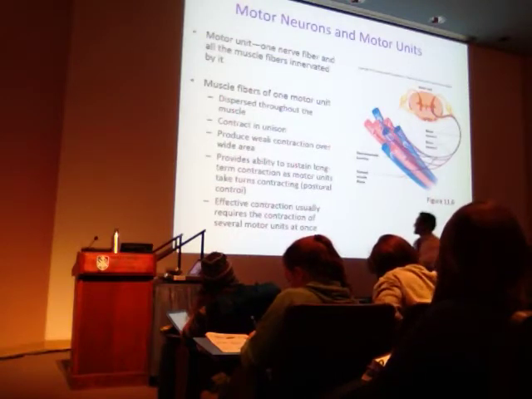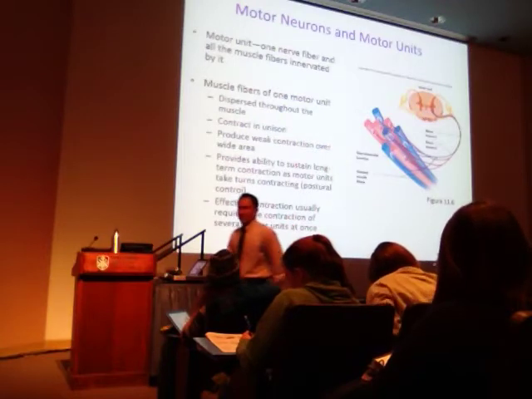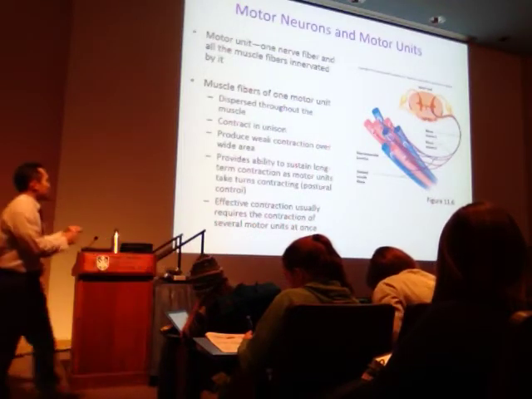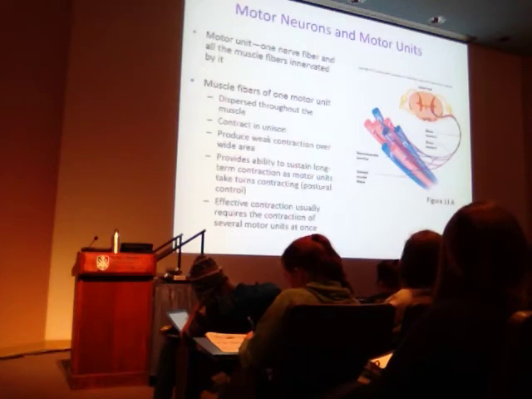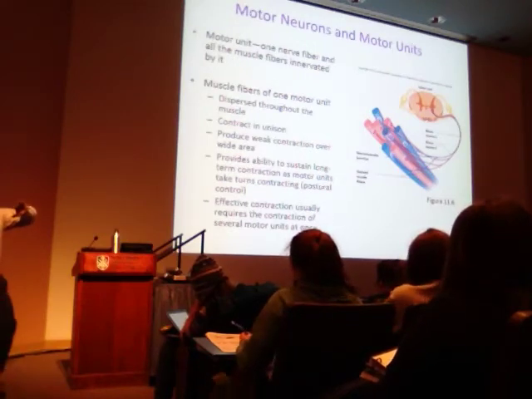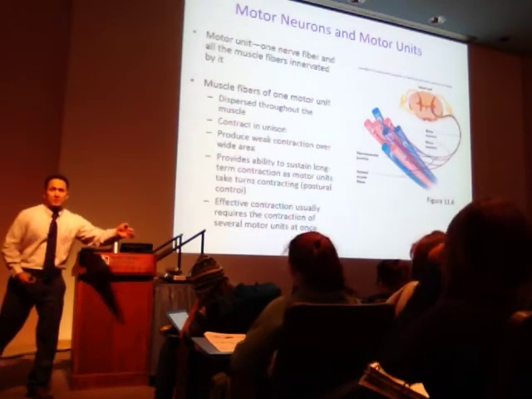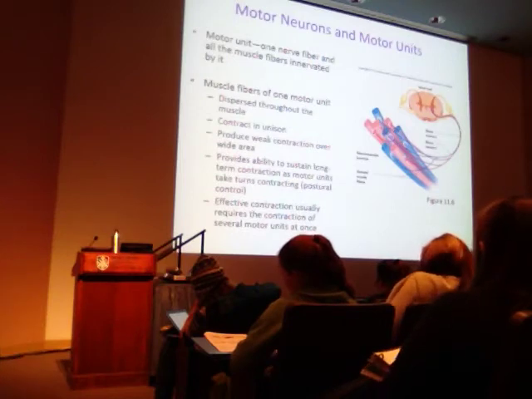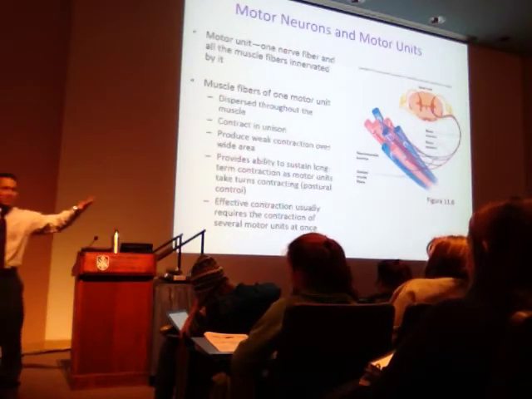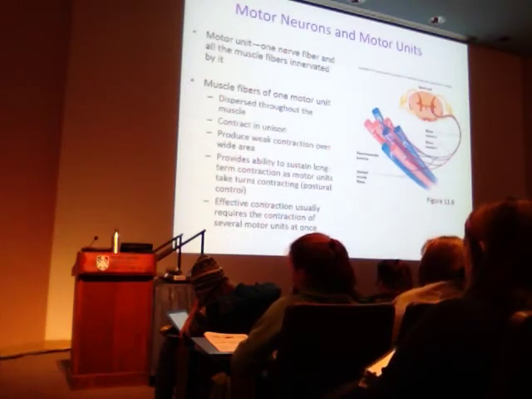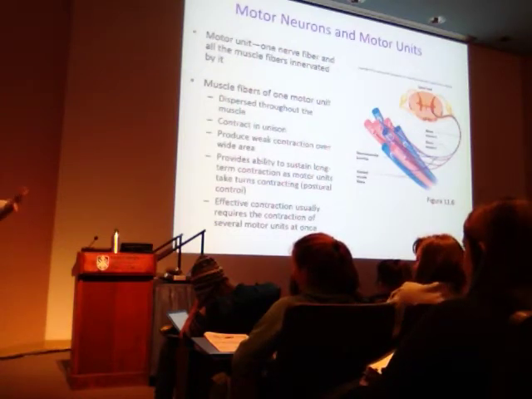So the idea here is it's dispersed throughout the muscle. You kind of see that the reds and the blues, it's not like the left side of the muscle is all red and the right side of the muscle is all blue. Do you understand what I mean? It's not like they're segregated.